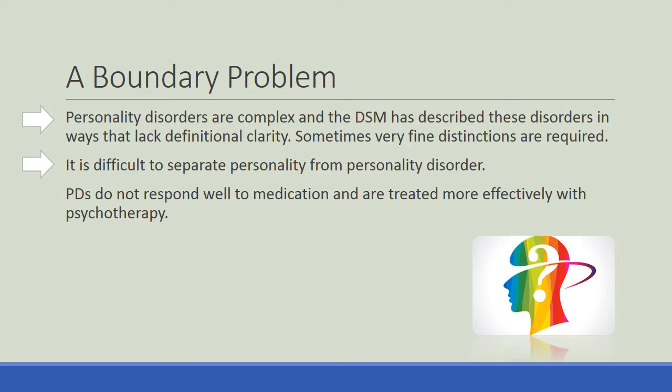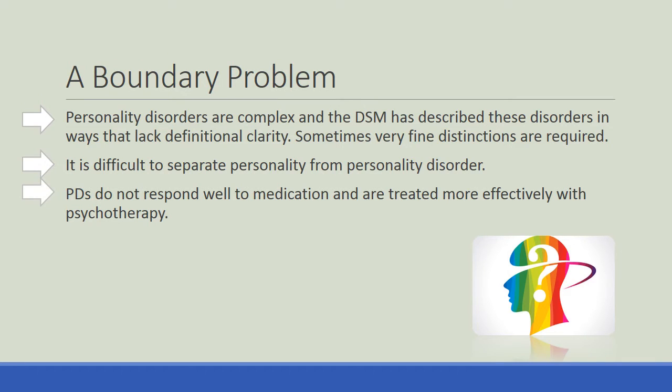It is difficult to separate personality from personality disorder. In other words, what is considered normal and abnormal. Sometimes we may overlook the possibility of a personality disorder or dismiss it by saying, well, aren't all adolescents just a little borderline? Or isn't everybody narcissistic? And isn't that a good thing in today's society? Looking out for number one?